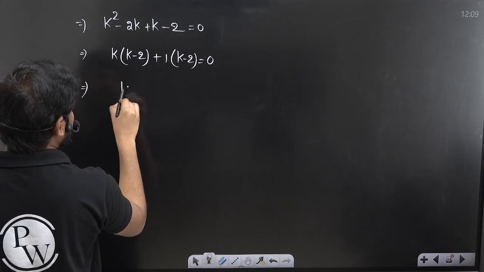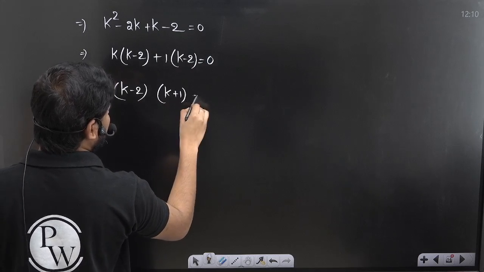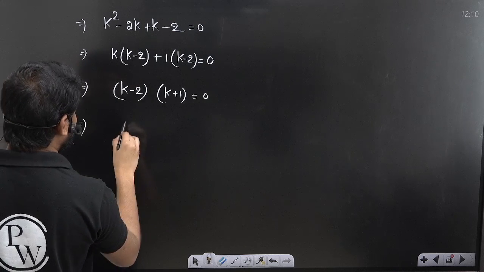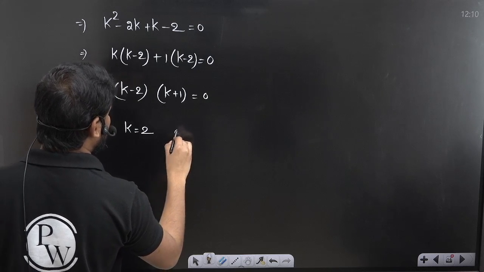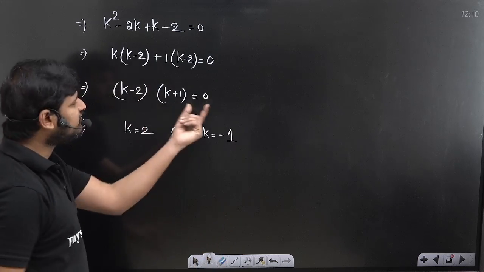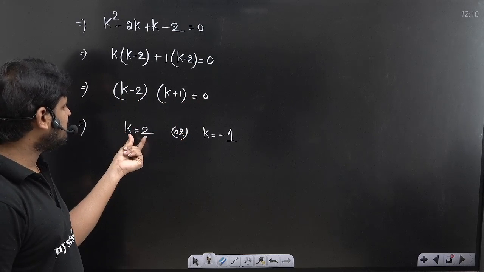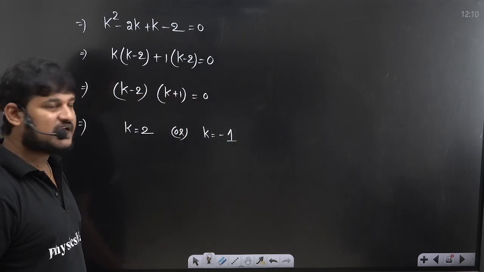So k minus 2 into k plus 1 is equal to 0, which is nothing but k is equal to 2 or k is equal to minus 1. Basic maths you know, right? Either this will be equal to 0 or this is equal to 0.